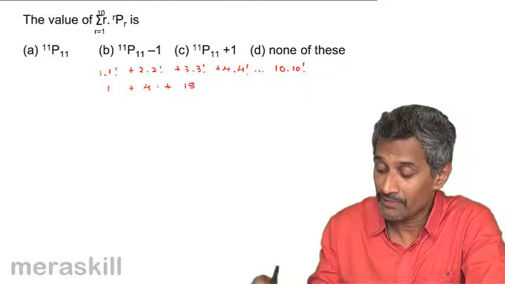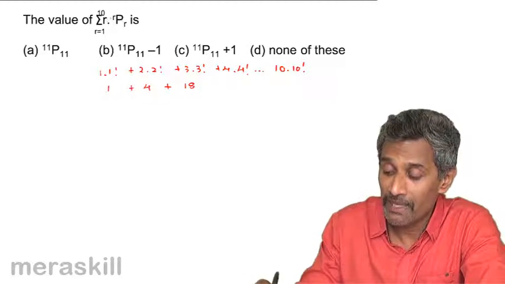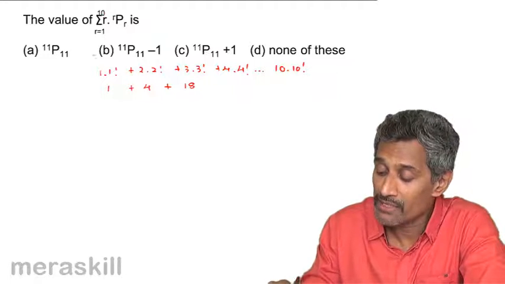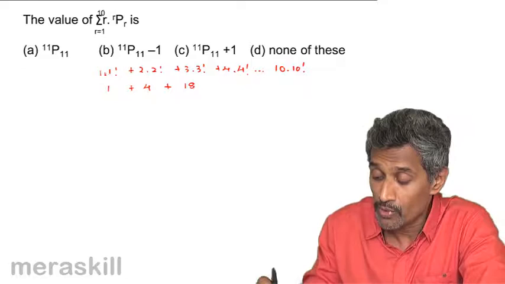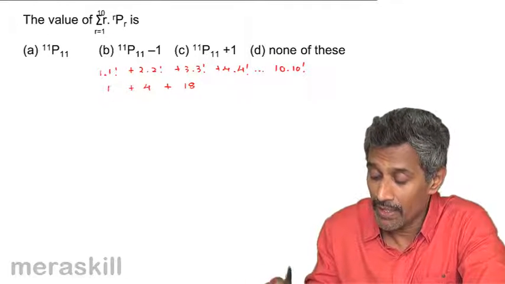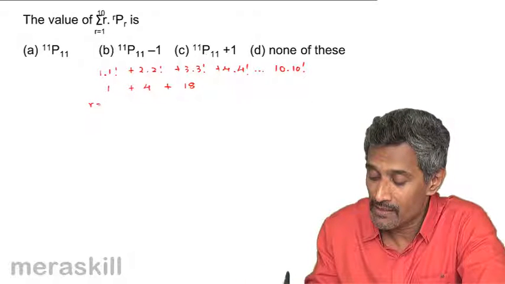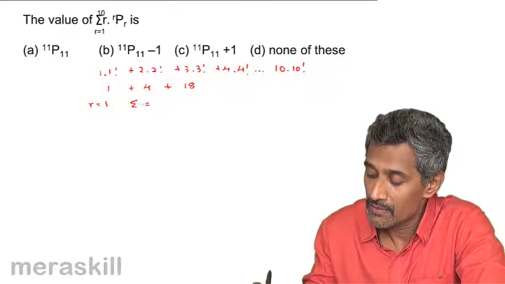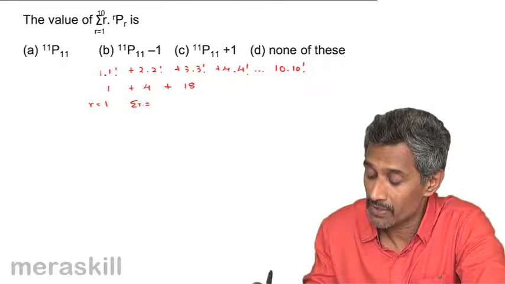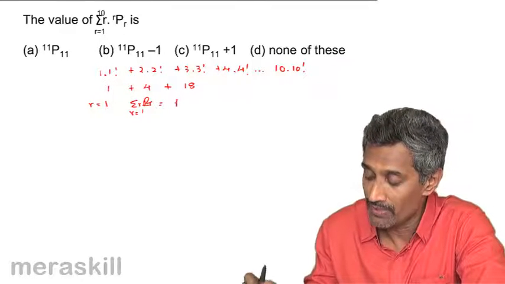Now, whenever you're observing RPR, when R is 10, all these values have been given in terms of 1 more. Now, suppose R is equal to 1, then the summation of this particular R into RPR when R is 1 is nothing but 1 itself.